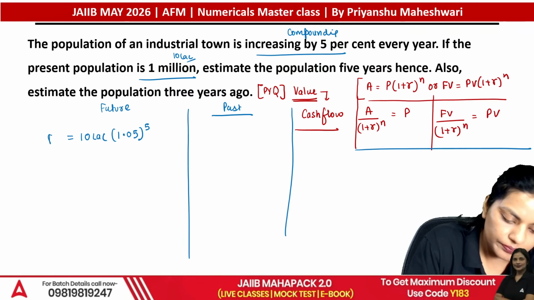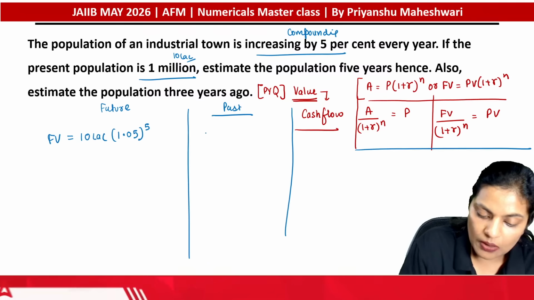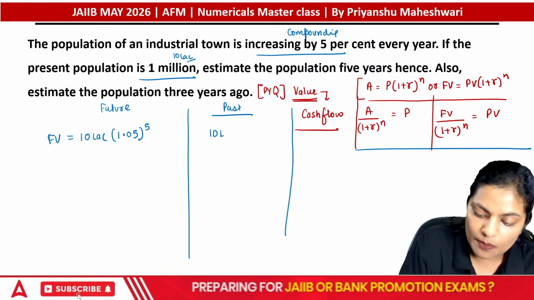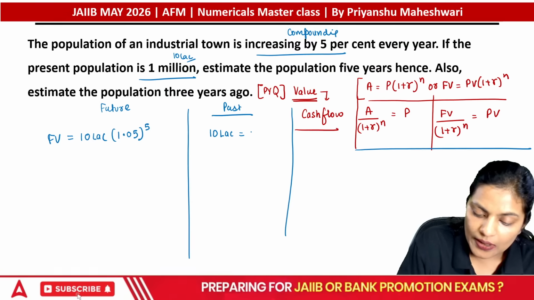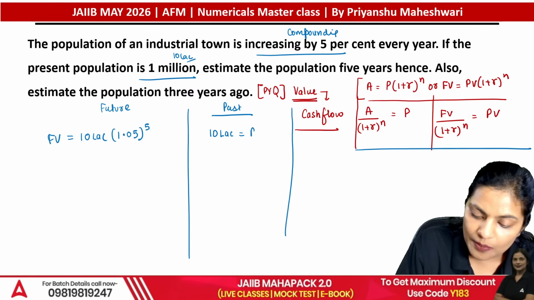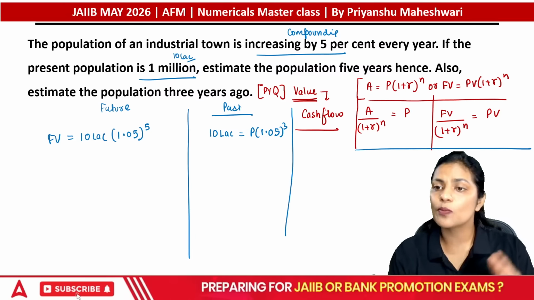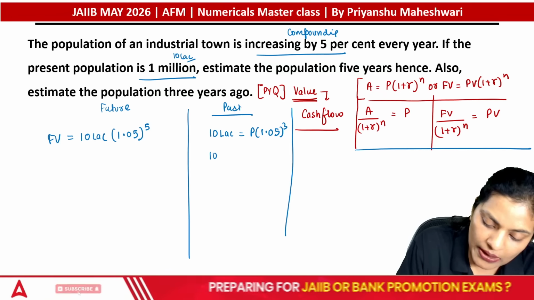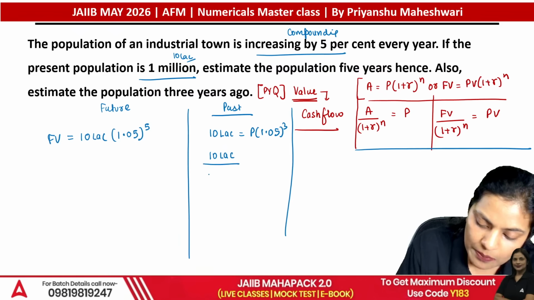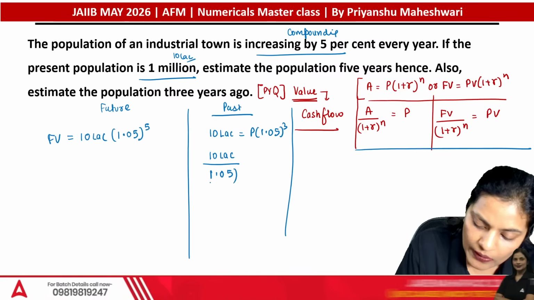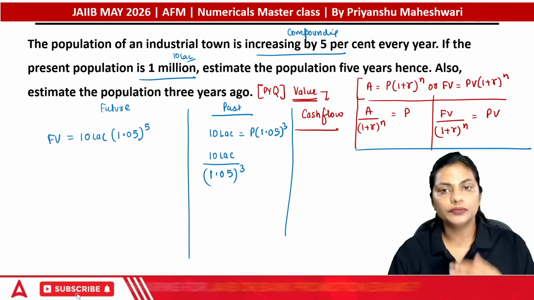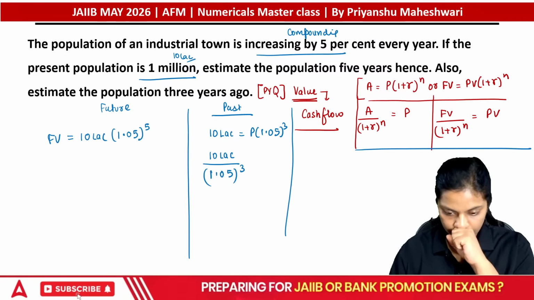Correct? Now, in order to calculate the past data, today the population is 10 lakh. Considering it as P, we have to calculate the population which was 3 years back. Today it is 10 lakh. What was the population 3 years back? So, 10 lakh divided by 1.05 power 3.